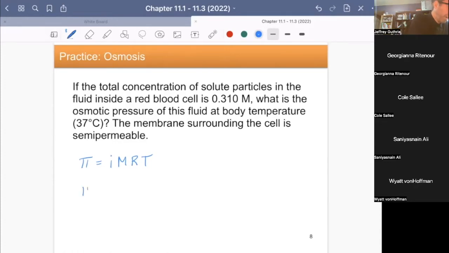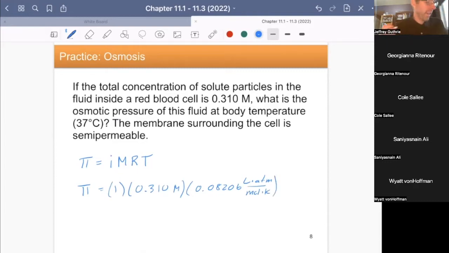So pi equals 1 for I, the molarity is 0.310, and R, the universal gas constant, in liter atmospheres per mole Kelvin.